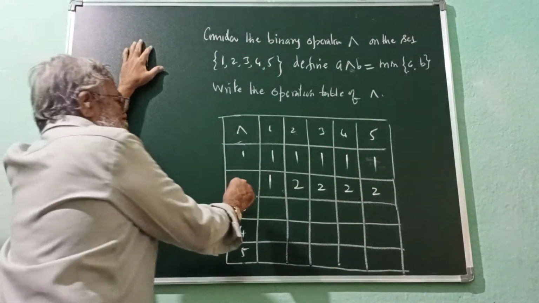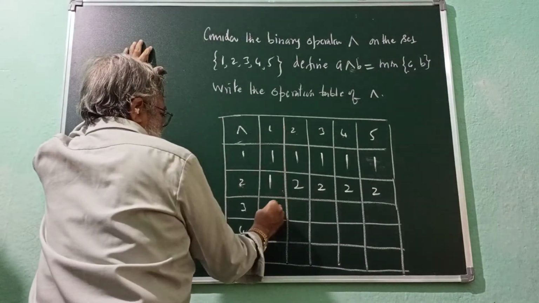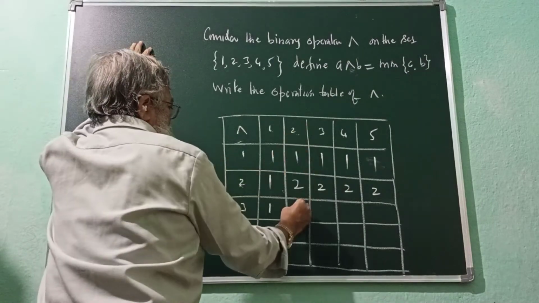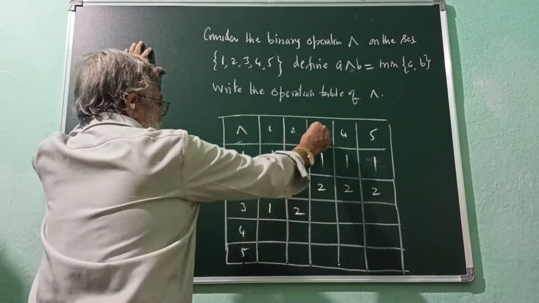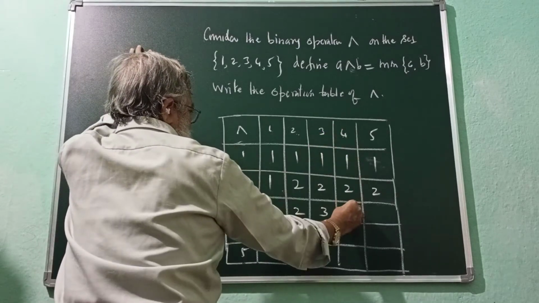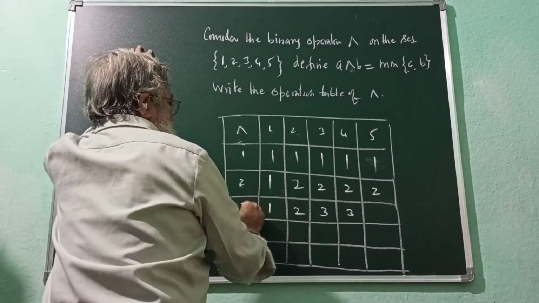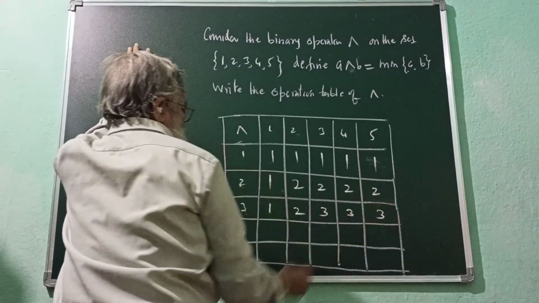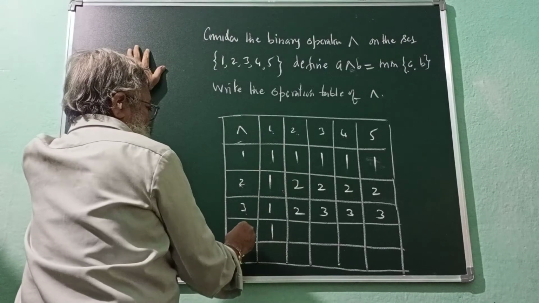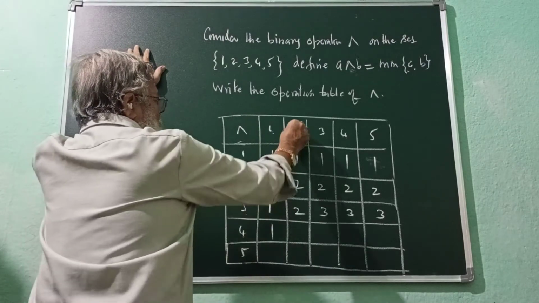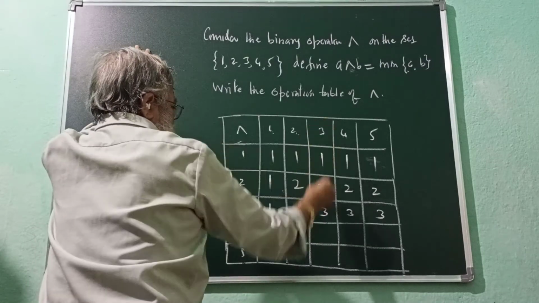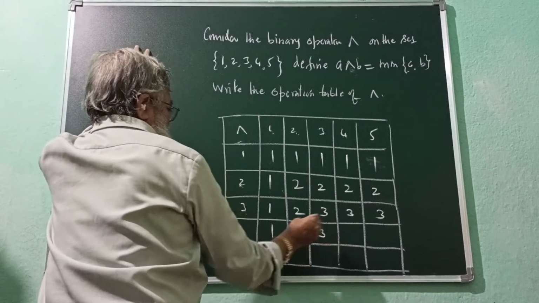Then minimum of 3 and 1, that is 1. Minimum of 3 and 2, 2. Minimum of 3 and 3, that is 3. 3 and 4, that is 3. Minimum of 3 and 5, that is 3. Minimum of 4 and 1 is 1. Minimum of 4 and 2 is 2. Minimum of 4 and 3 is 3.